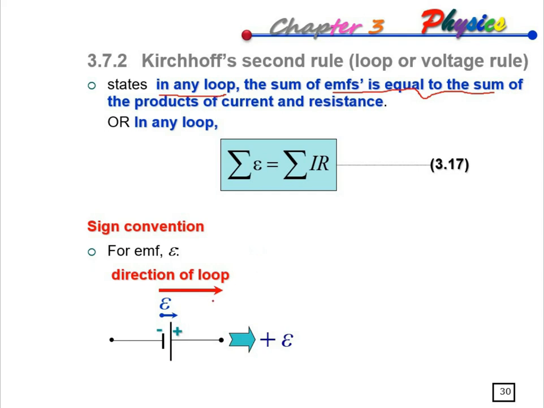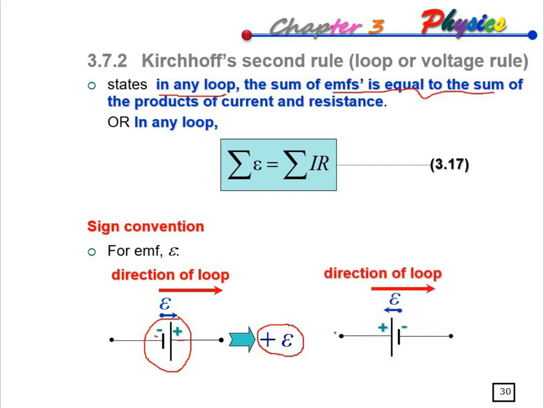If the direction of the loop is to the right side, and the EMF is also to the right side, minus on the left and plus on the right, then the direction of the loop is the same as the EMF, so the sign convention for the EMF is plus EMF.